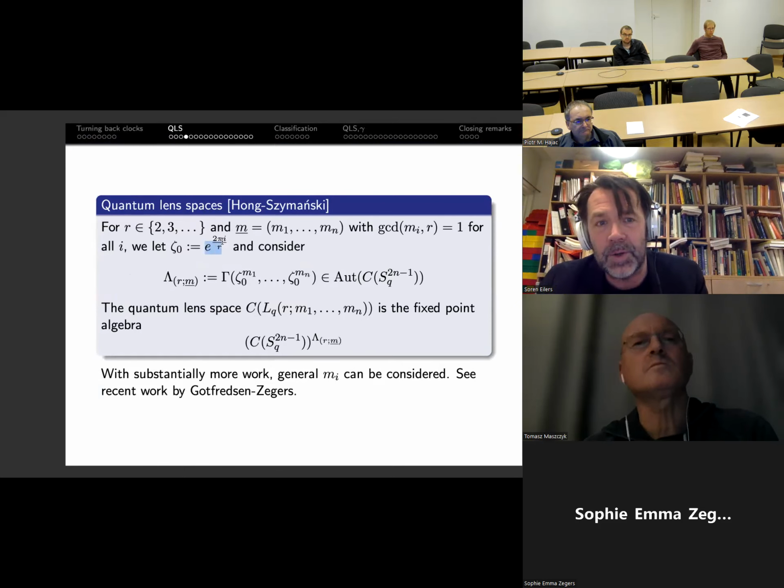It becomes just combinatorics. But classically, the odd dimensional sphere is a universal covering space of the lens space. And then the automorphism group of this covering is this fundamental group. So in this non-commutative setting, it should be the automorphism group of this extension.